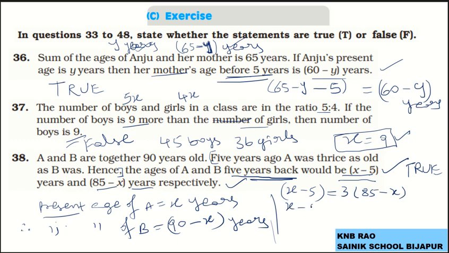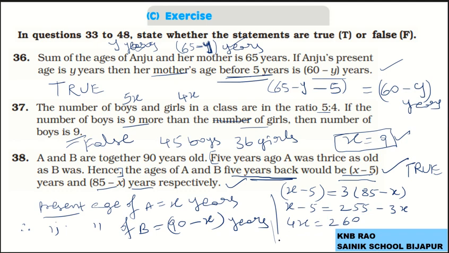So x minus 5 equals 255 minus 3x, since 3 fives are 15, carry 1, 24 plus 1 is 25. Taking minus 3x to this side gives 4x equals 260. Transposing the minus 5 gives 255 plus 5, which is 260.